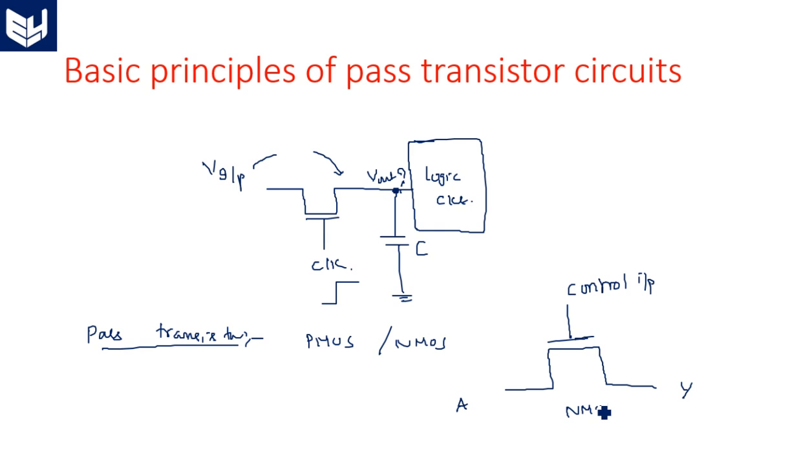So what is the output Y when the transistor is in on state? Do we expect complete A as output? For the NMOS pass transistor that I am studying, Y is equal to A minus VTN, where VTN is the threshold voltage of the pass transistor, when the transistor is in on state.